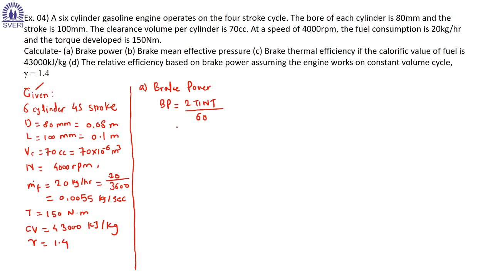So I'll just put the values: 2 pi into 4000 into torque 150 divided by 60. So this will give you brake power as 62.83 kilowatt. So this is your first answer.